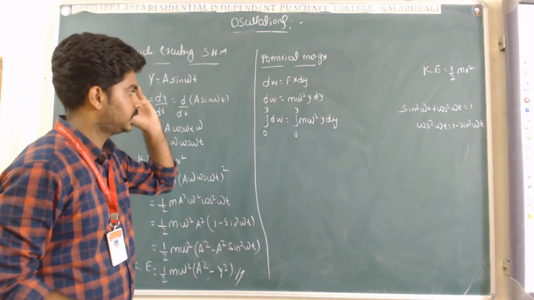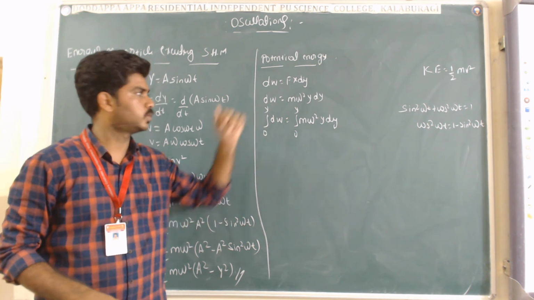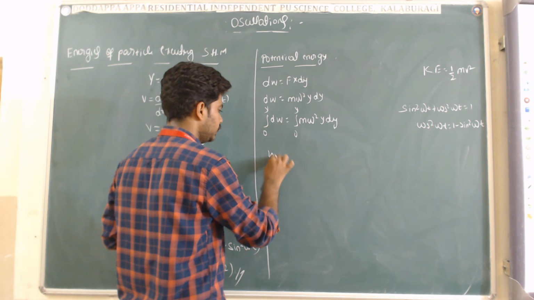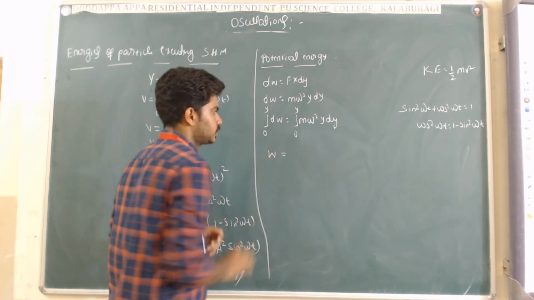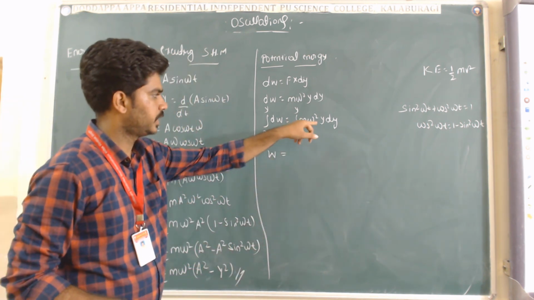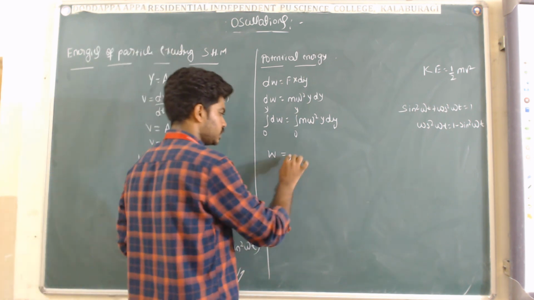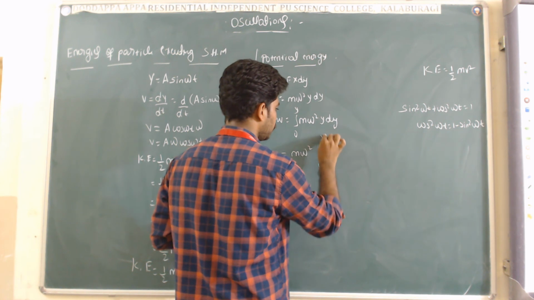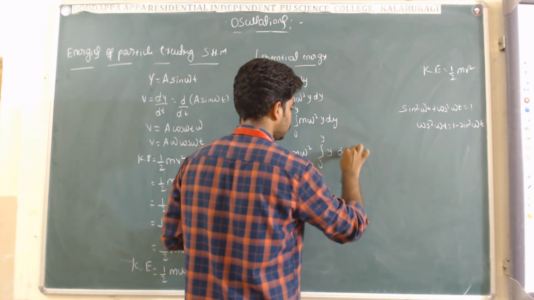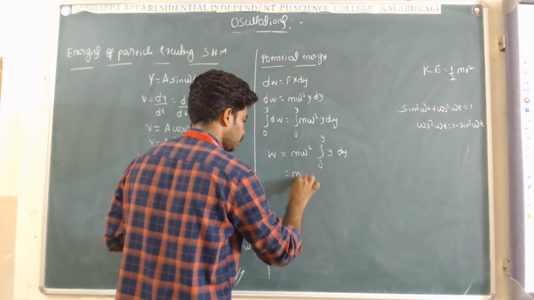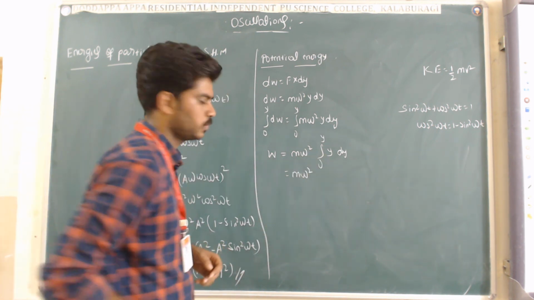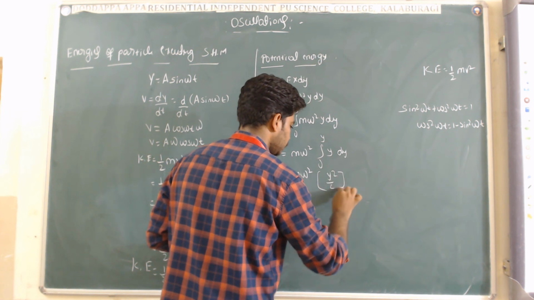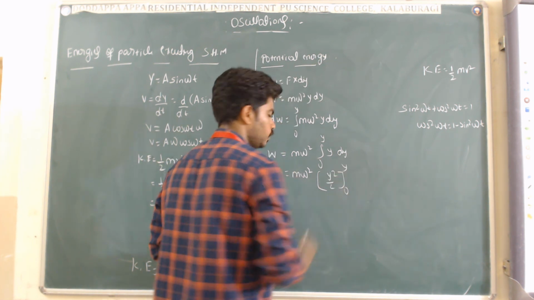One thing is that the work done is itself stored as potential energy. So integration of dW is W, equals m omega square, which is a constant, keep it outside, and what we have left is the integral from 0 to y of y dy. Integration of y is y square by 2, between the limits 0 to y.